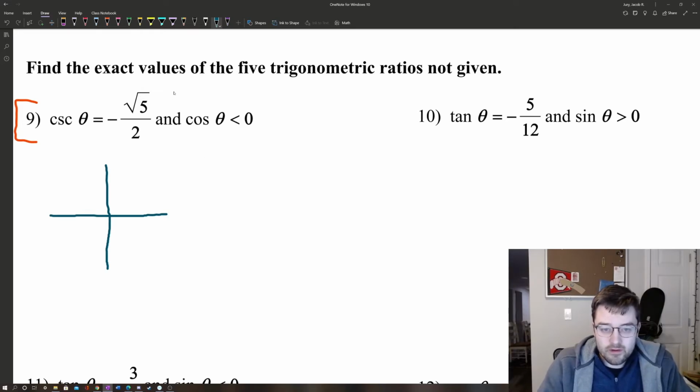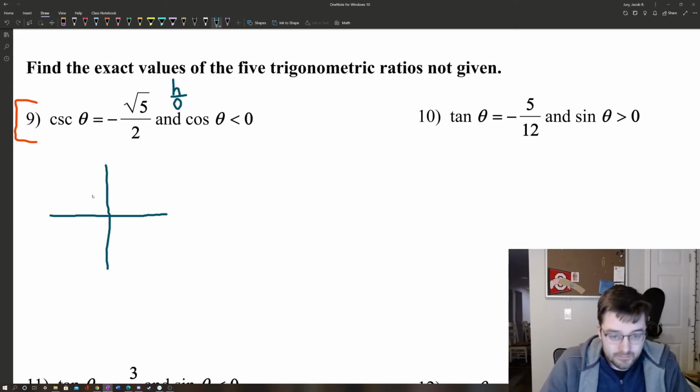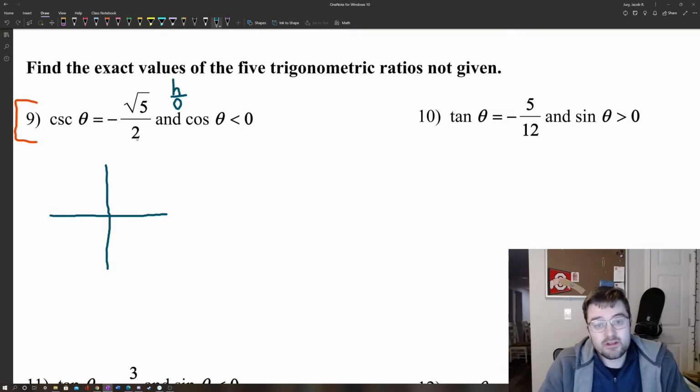First, we have to remember that cosecant of theta, like I stated before, is hypotenuse over opposite. So we can place our hypotenuse as radical 5 and our opposite as 2. Or, wait, we need to be careful. Our hypotenuse can't be negative.